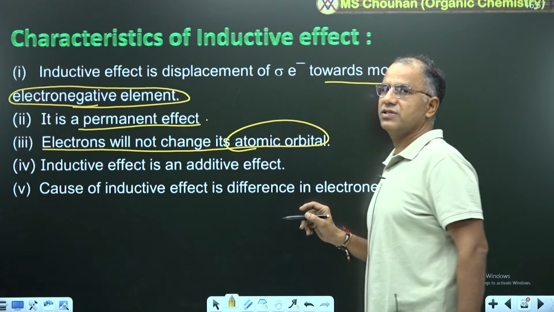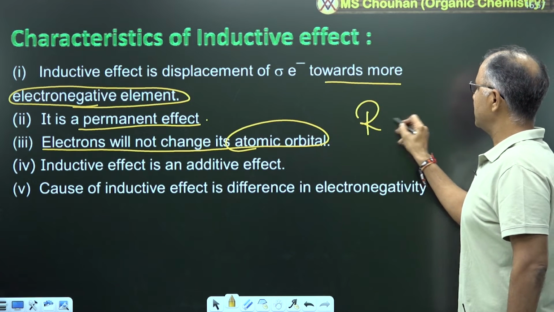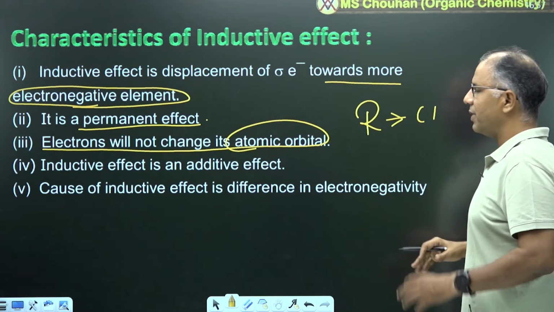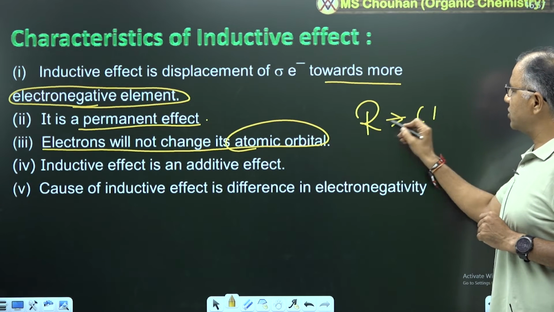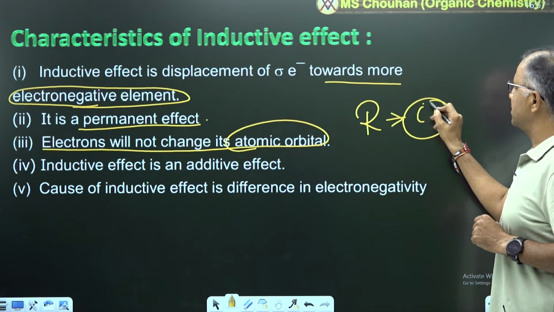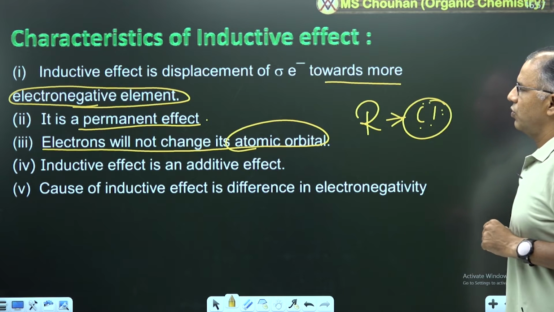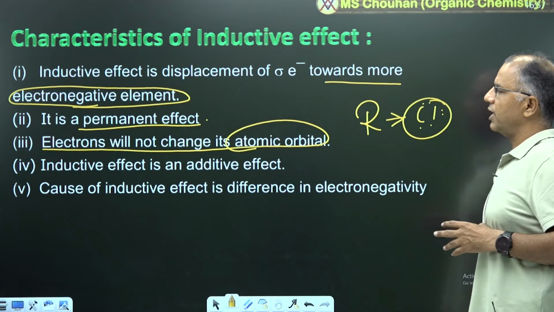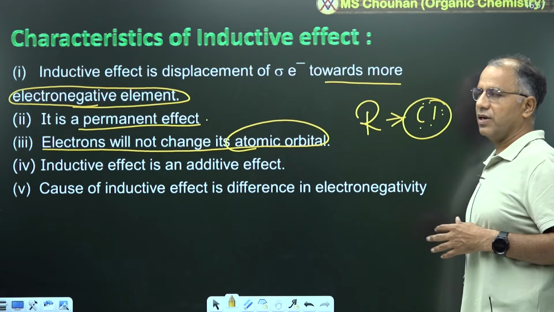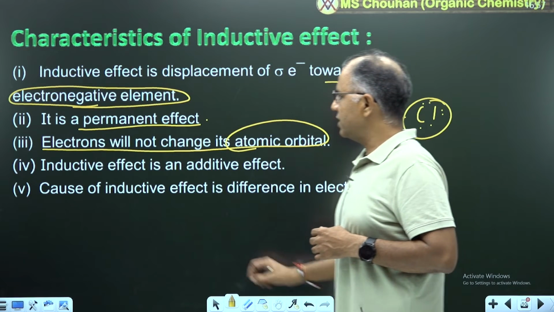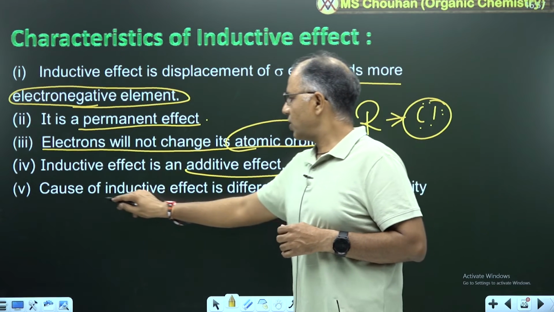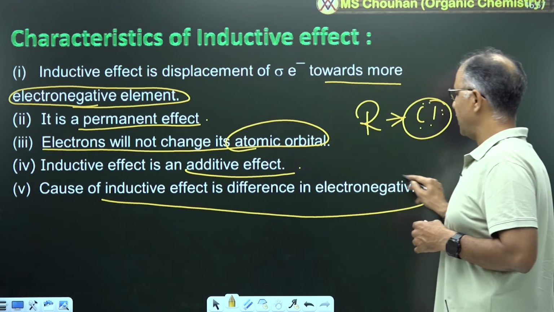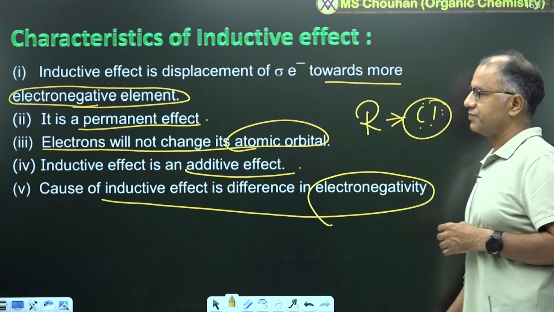What is the meaning of this? It means hybridization will not change. It is a partial polarization of the sigma bond, so the hybridization will remain the same. You have to add this point in your notes. And we already discussed that the inductive effect is an additive effect. And what is the cause of the inductive effect? Difference in electronegativity.